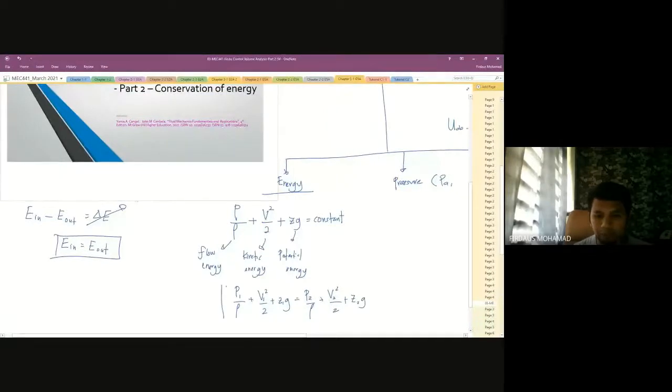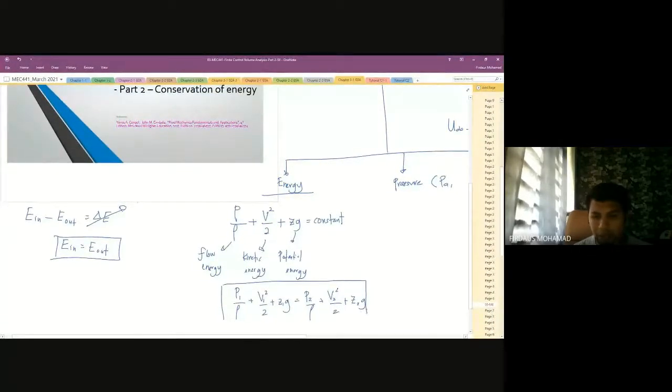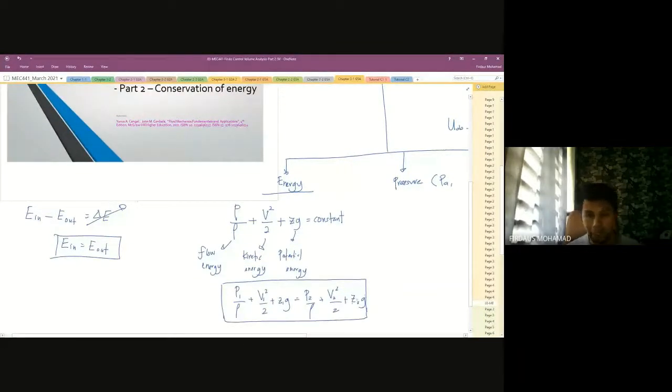Okay, so ni maksud dia Bernoulli equation based on energy equation. Okay, so kita ada flow energy, kita ada kinetic energy, kita ada potential energy. Okay, ada soalan setakat ni?